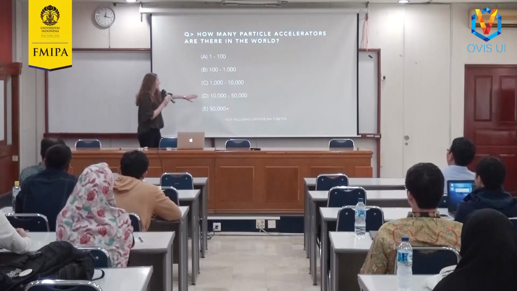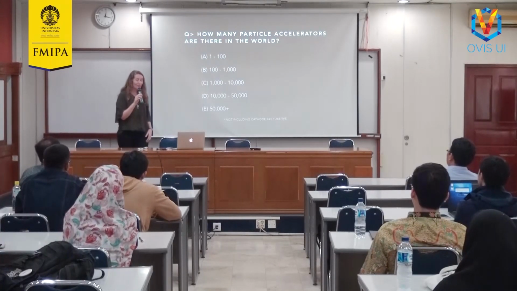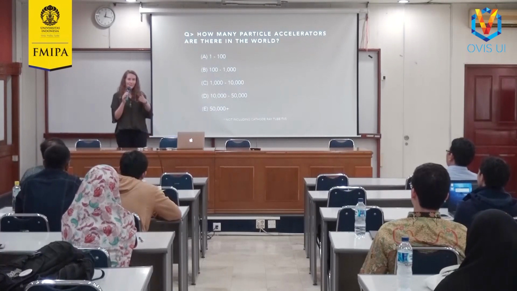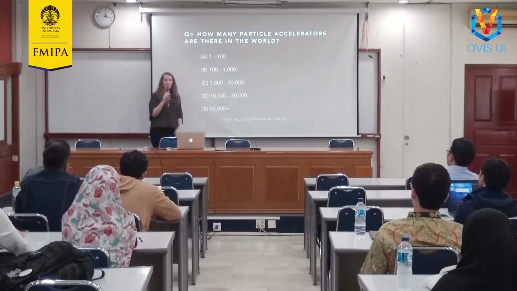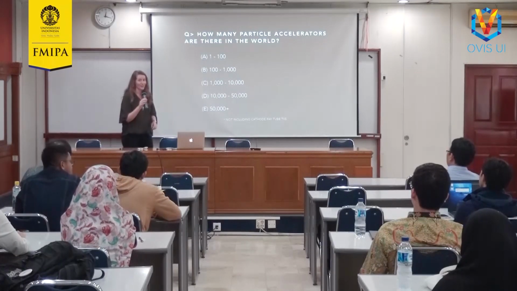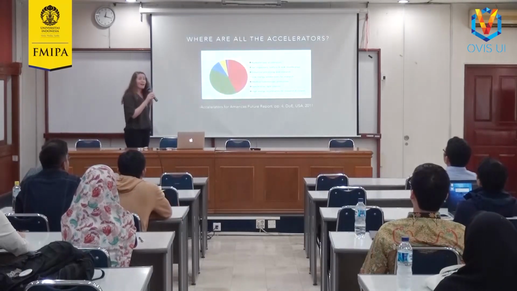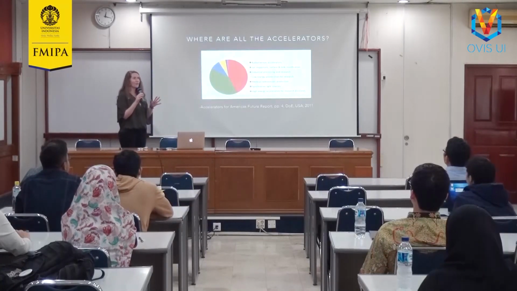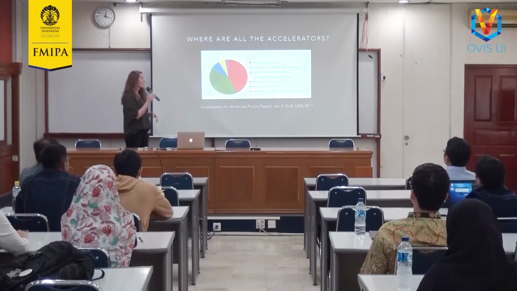So the answer is D. It's between about 10 and 50,000. And those of you studying medical physics will probably realize that there's more than 10,000 just medical accelerators in the world. So where are they? Well, about 35,000 is the correct estimate of how many accelerators there are.